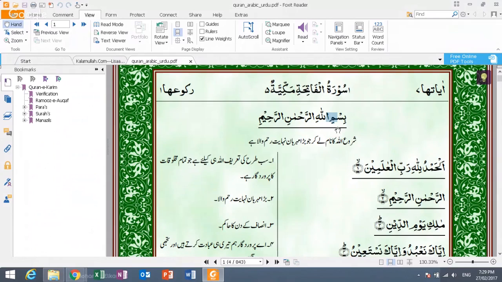Mudaf, we are talking about mudaf ilayh. So ismi is mudaf ilayh. Case is very good. Allah is mudaf ilayh for ismi, and this is mawsuf. Ar-Rahmani is sifa. So now if people understand why we put the kasra, you see the kasra on ni, not the dhamma, not fatha.